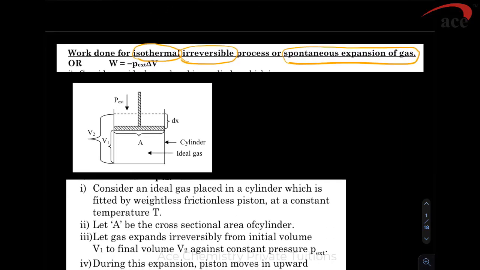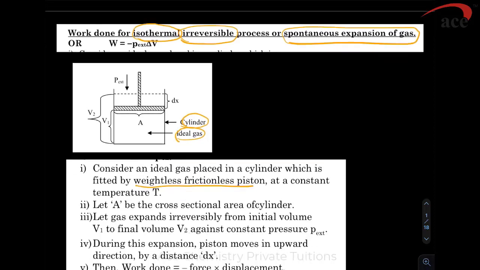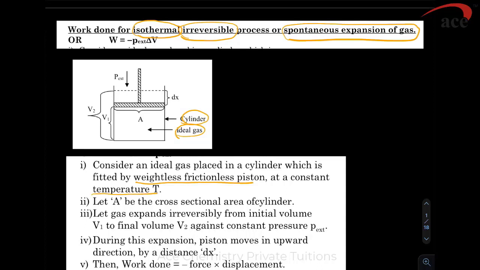Take a cylinder with an ideal gas, with a weightless frictionless piston, at a constant temperature T, with the cross-section area of the cylinder as A. Imagine initial volume before expansion is V1 and the later volume after expansion is V2, external pressure is P external, and the distance travelled by the piston is dx.